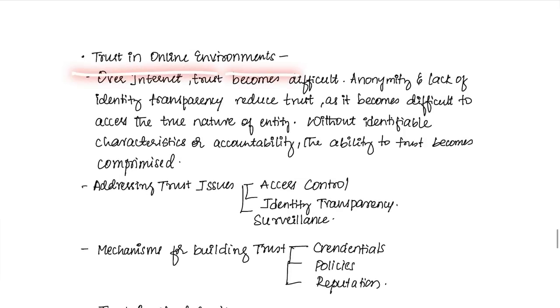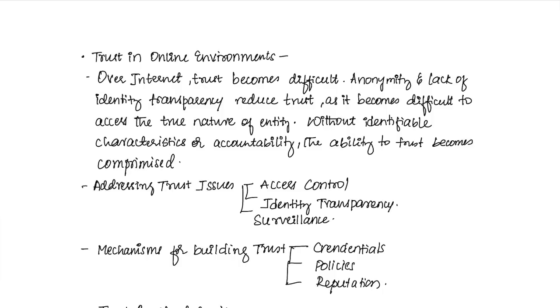Next we have trust in online environments. So especially on the internet, trust has become a very complex topic. It is very difficult to trust anyone or any application for that matter over the internet. So the anonymity and lack of identity transparency will reduce the trust, as it becomes difficult to assess the true nature of any entity, be it human or software.